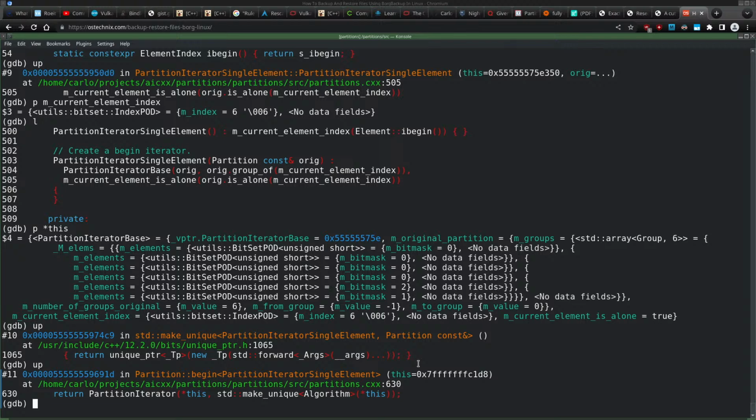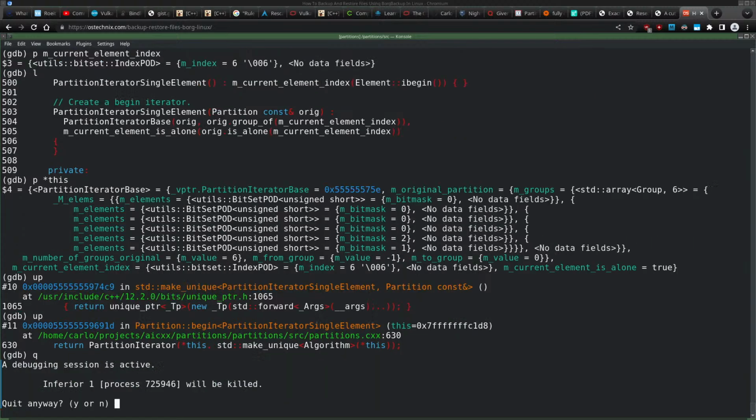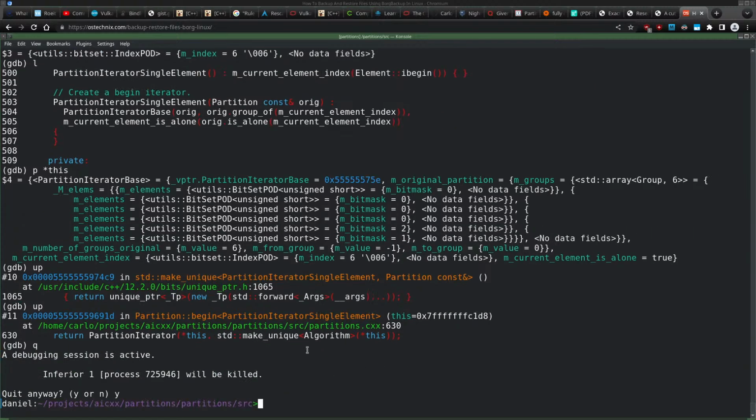Yeah, I think we have access to uninitialized memory then. Which means that if we run it in Valgrind, it should tell me that, right?